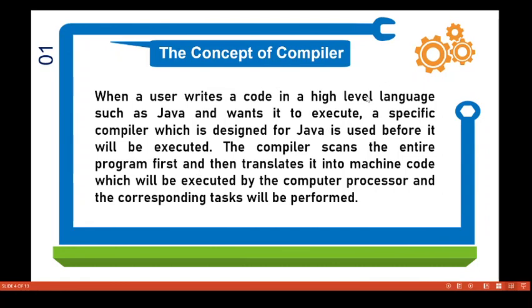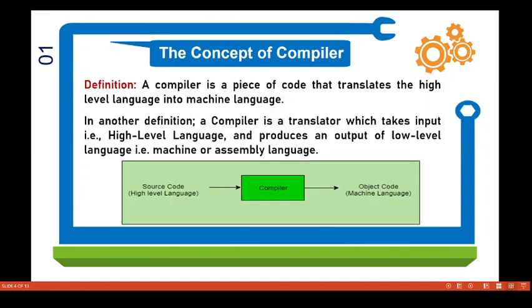All those high-level programming languages, the compiler helps in converting into machine code. So before executing the code, a compiler has to compile the high-level programming language. So this is the concept of a compiler.